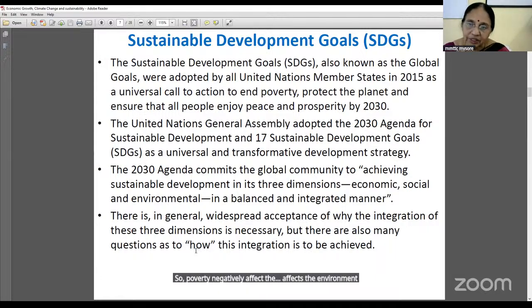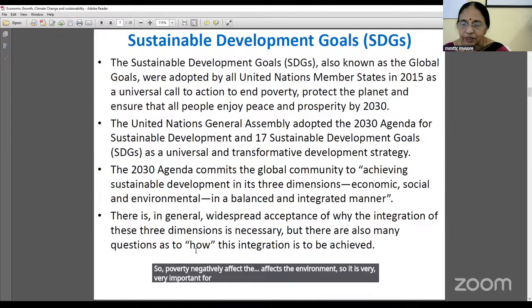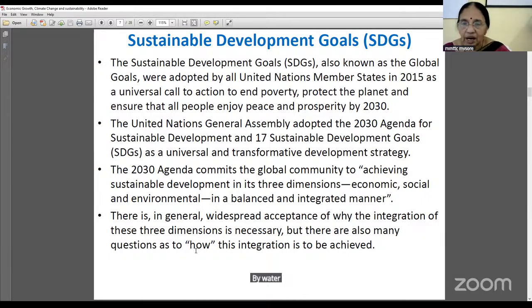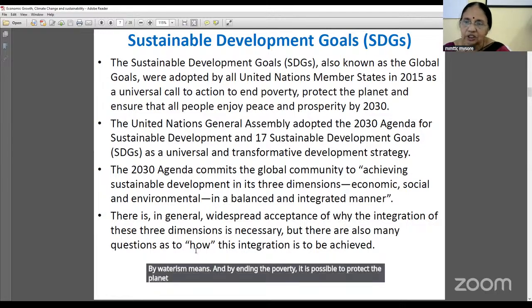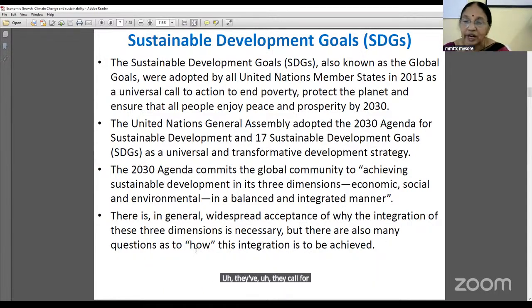So it is very important for sustainable development to end poverty by whatever means. And by ending poverty, it is possible to protect the planet and ensure happiness and peace for everybody. So that is why the sustainable development goals call for an action to end poverty.